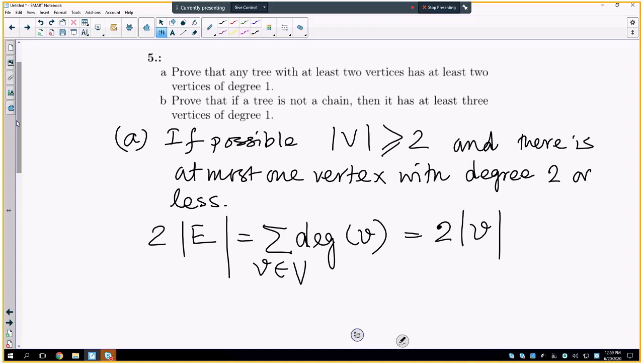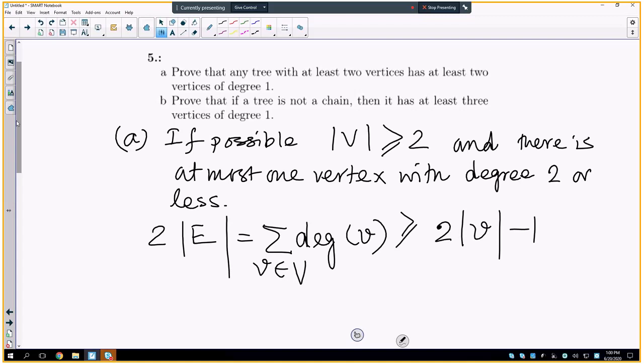That means the total sum of the degree is greater or equal to 2 times V minus 1. Why minus 1? Because there could be at most 1 vertex with a degree less than 2.